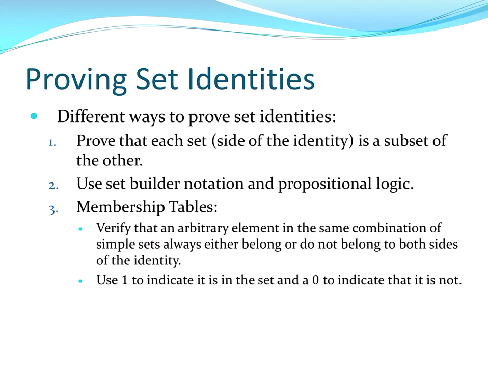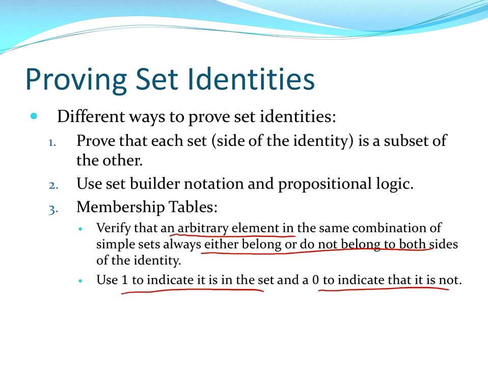And then we can use what's called a membership table, and this is an exact analogy to a truth table or a Boolean table. In order to construct a membership table, we think of an arbitrary element x in all possible combinations of the base sets that we're combining to create a new set with the operations, and in all the ways that it either belongs or does not belong to both sides of the identity. And you're going to use a 1 to indicate that it is in the set and a 0 to indicate that it is not in the set.